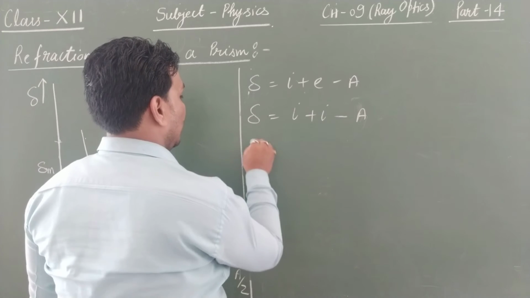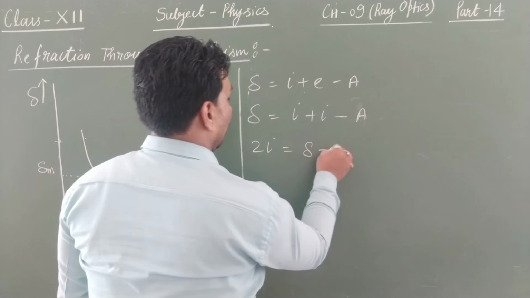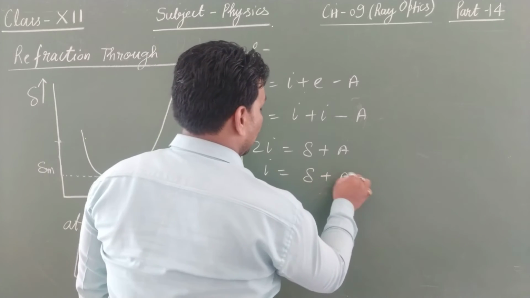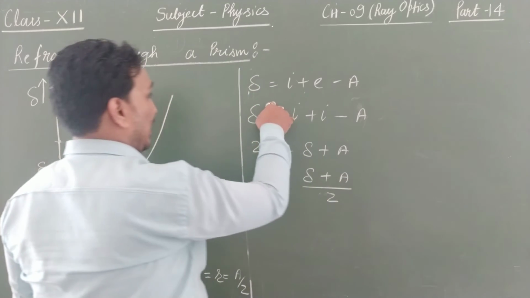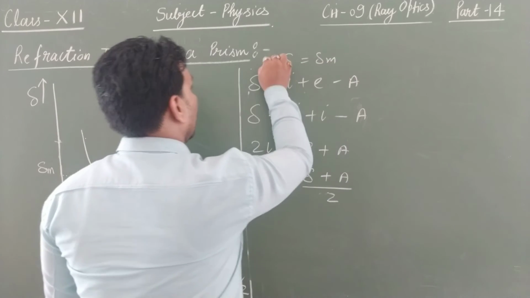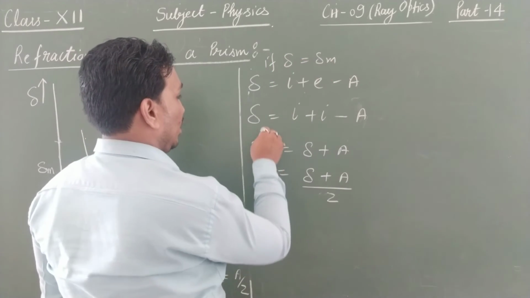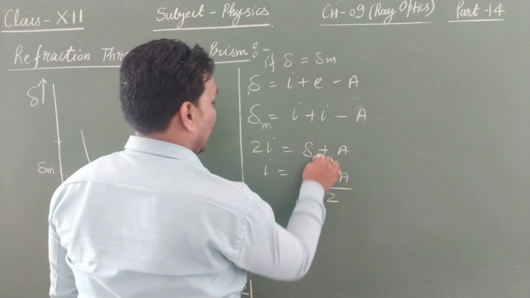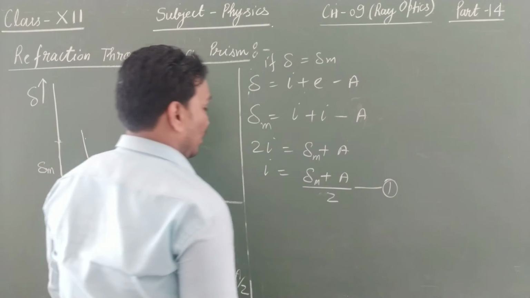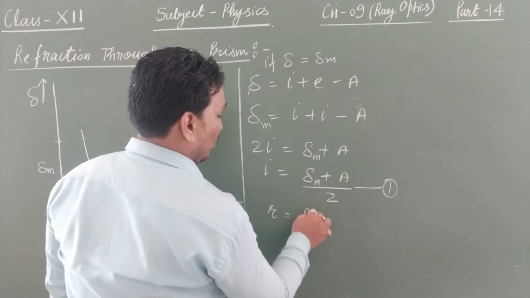A is transferred this side. So 2I is equal to delta plus A. So I is equal to delta plus A by 2. But it is happening when delta is equal to delta minimum. So I should write delta m. So the value of I is equal to A plus delta m by 2 and the value of r is equal to what?